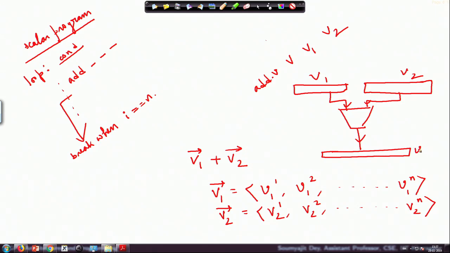Now, the question is, this functional unit also needs to be a vectorized unit, that means it should also be able to work on this input data in parallel, or maybe I may have a lesser number of units which work multiple times fast enough to operate them. But the important thing is, we will come to this pipelining idea, but the important thing is instead of having a single scalar instruction, I have a vector instruction.